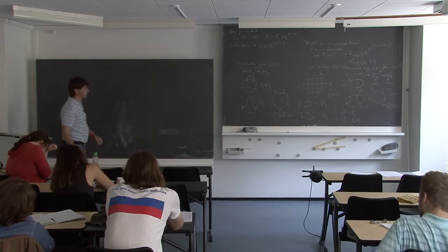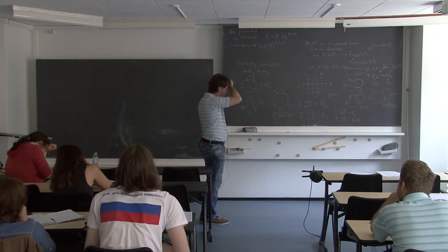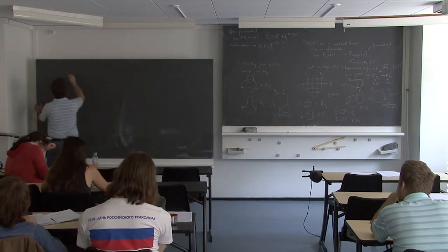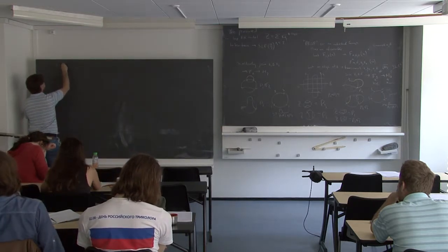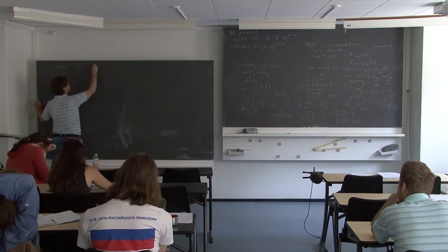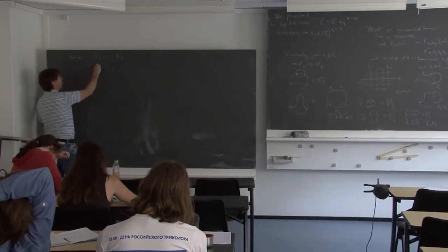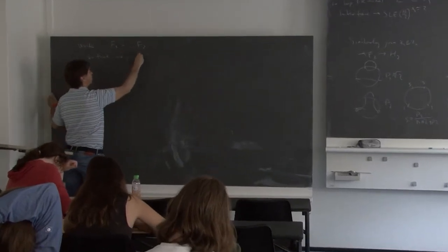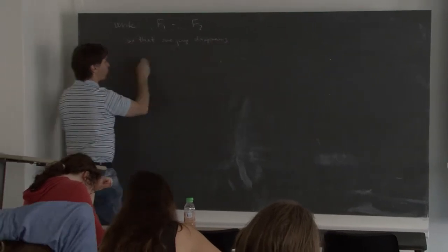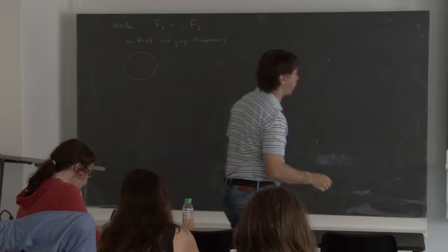So what you can do, you can write the difference. So we have, write the difference f1 times something minus f2 times something, so that one jump disappears. So one function had jumps which were what? 1, 1.